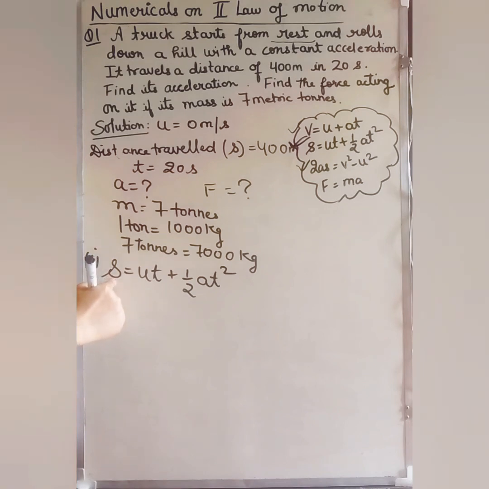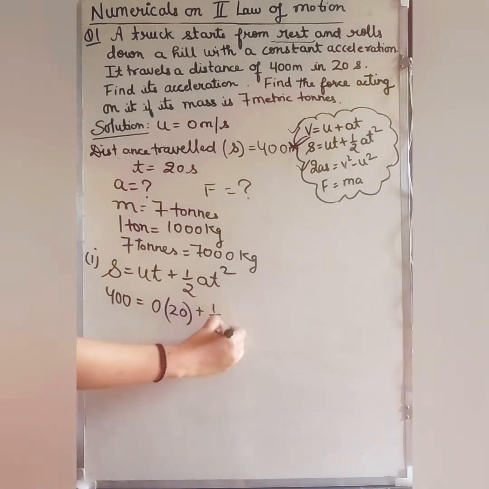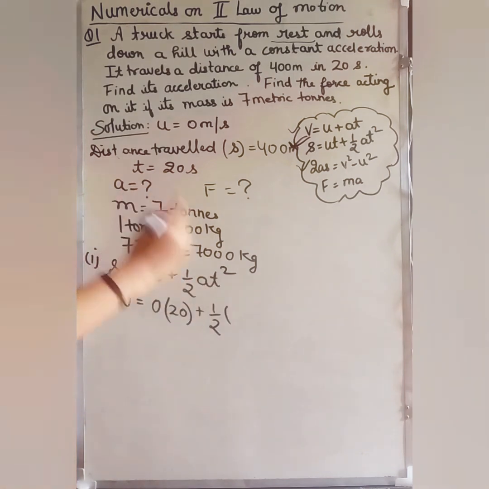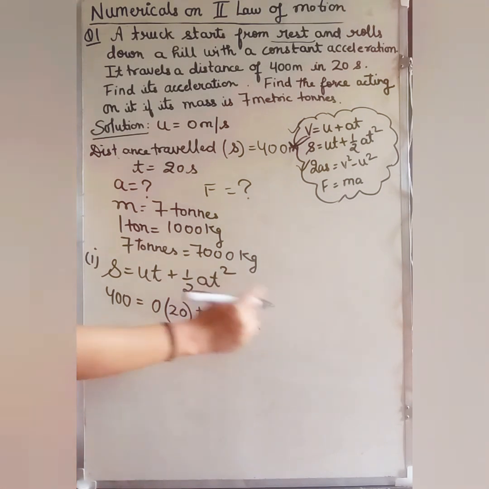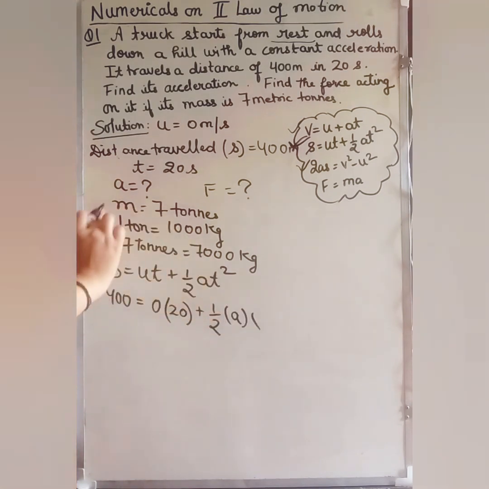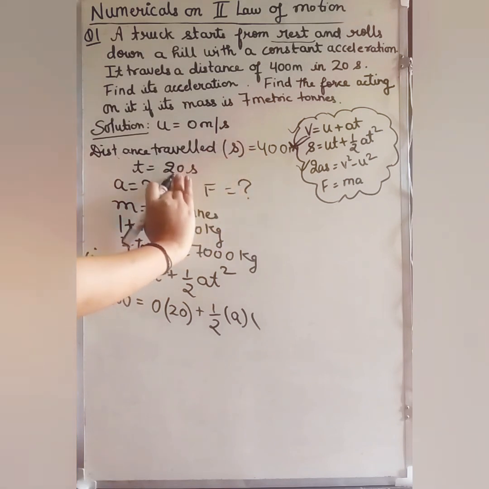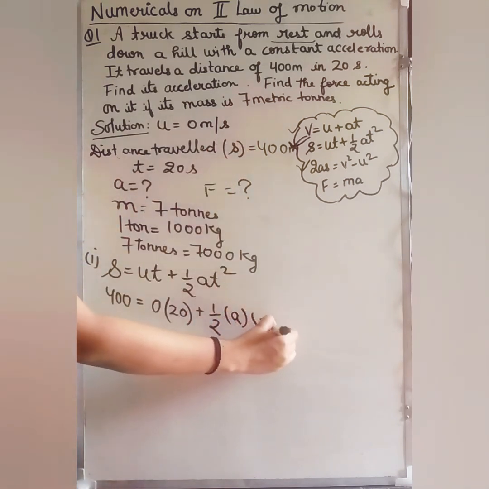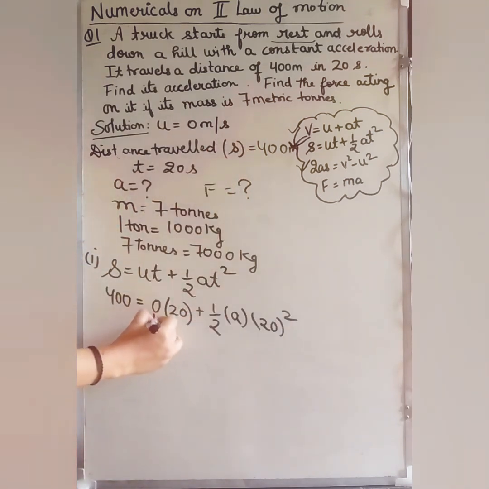So my distance travelled S is 400 meter. U, that is initial velocity, is 0. Time taken is 20 seconds. So 400 is equal to 0 into 20 plus half into A, which we have to find out, into 20 square. The first term will become 0, as anything multiplied by 0 gives 0.